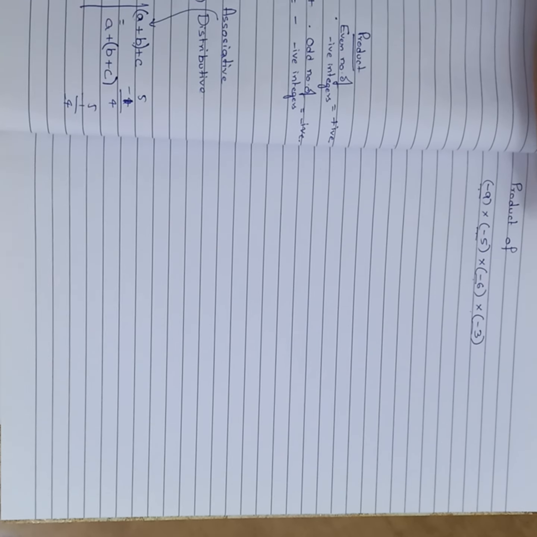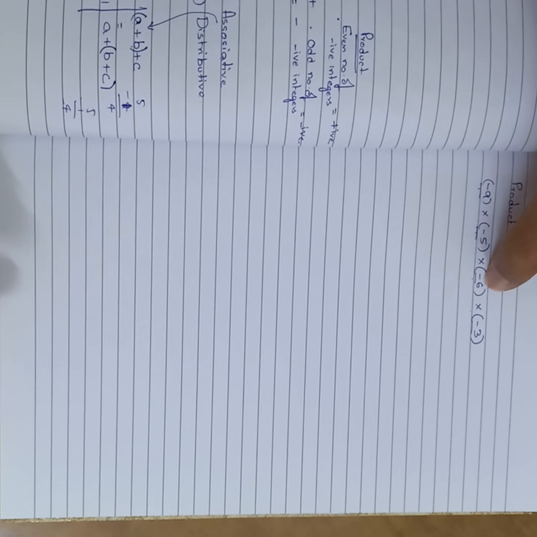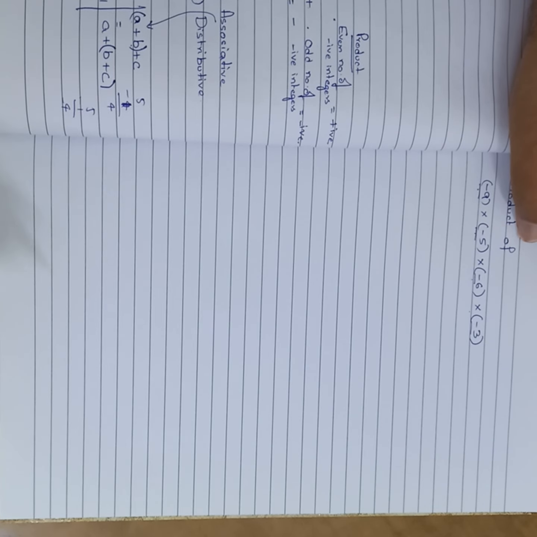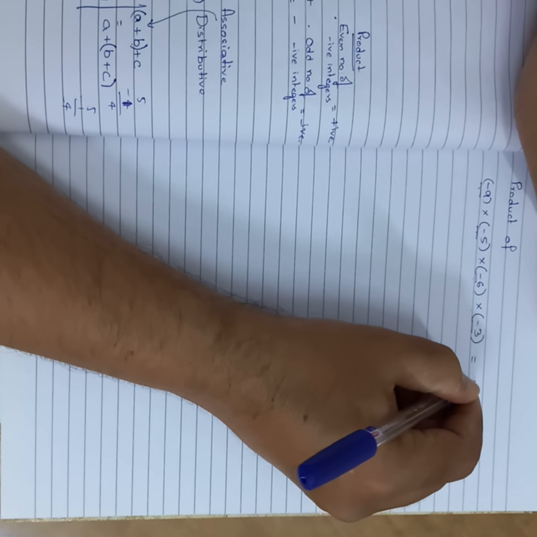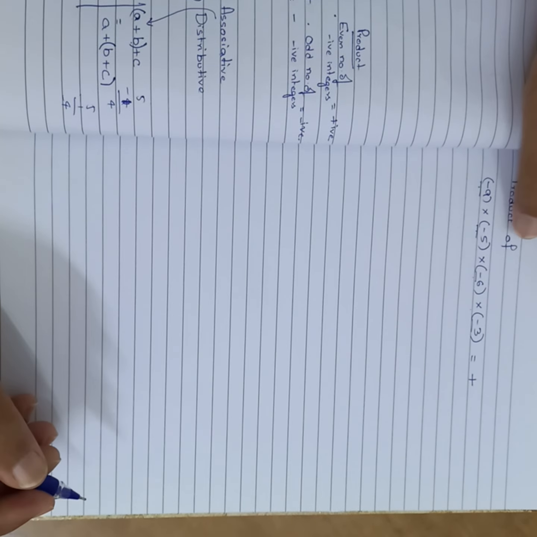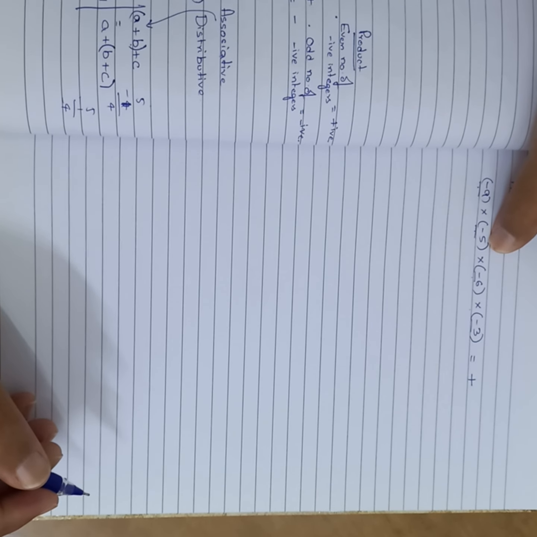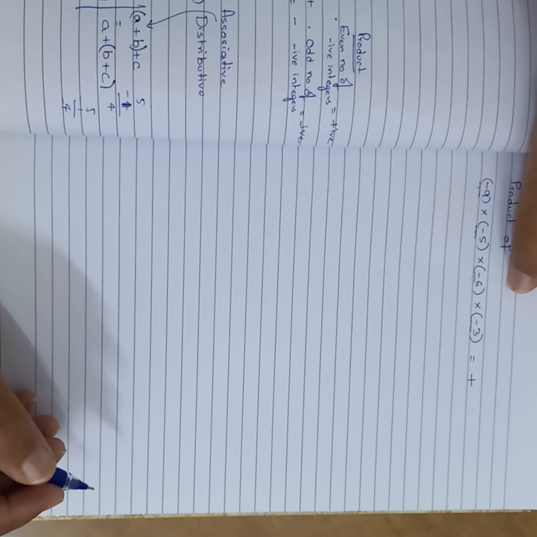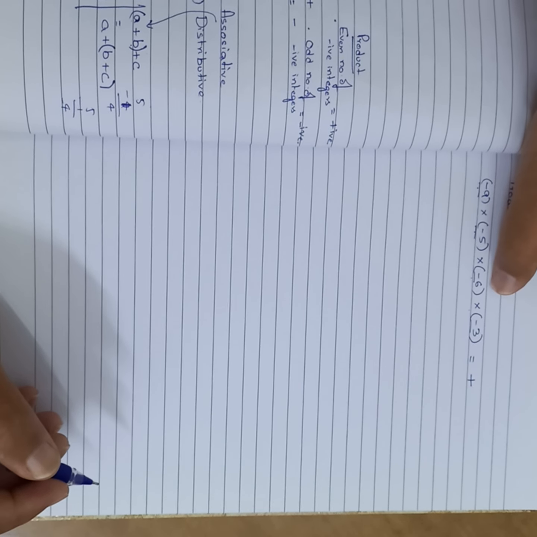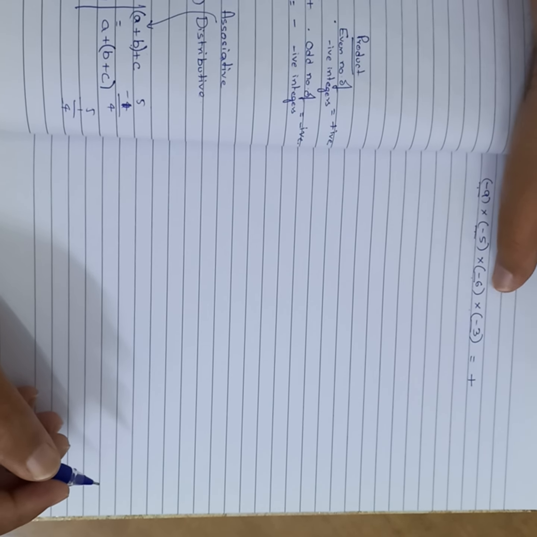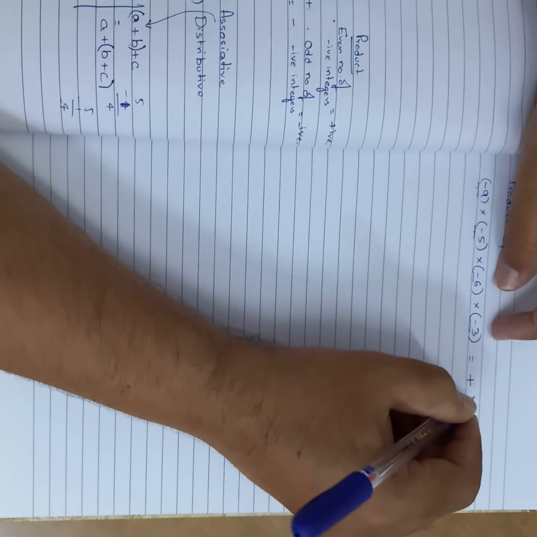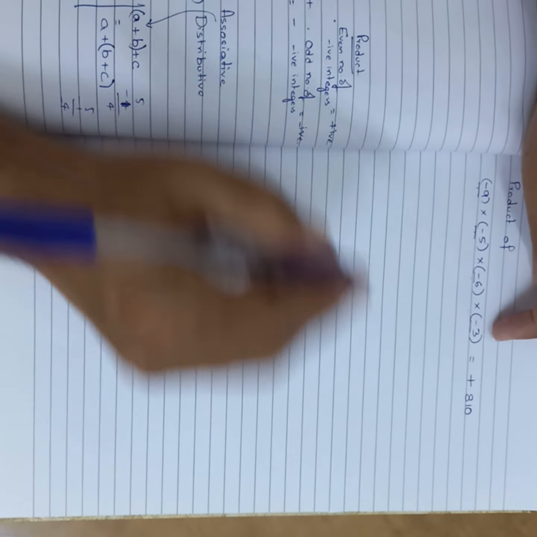See, we have already seen, when we multiply four negative integers, the result will be positive. Okay, and 9 5s are 45, and 45 6s are 270, and 270 3s are 810. So this is the answer.